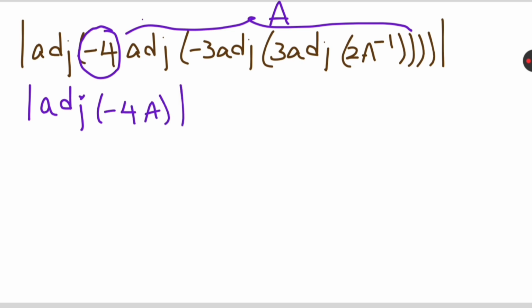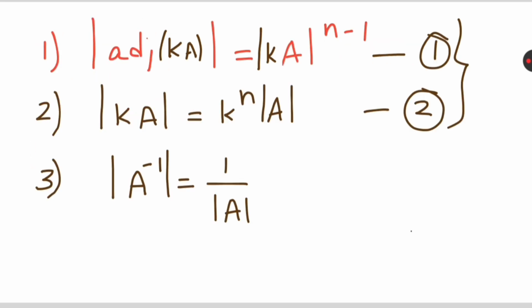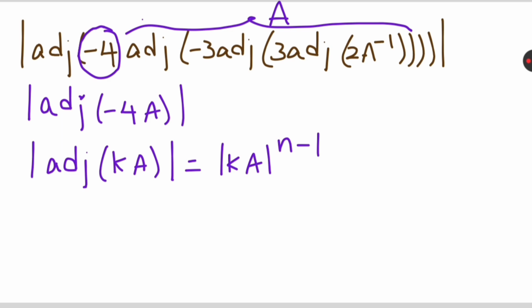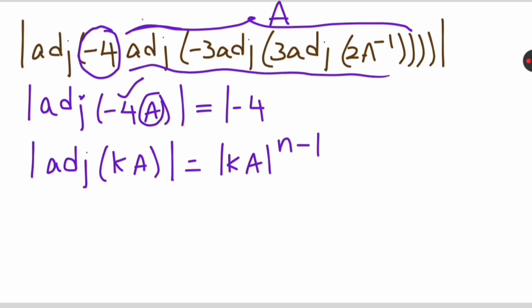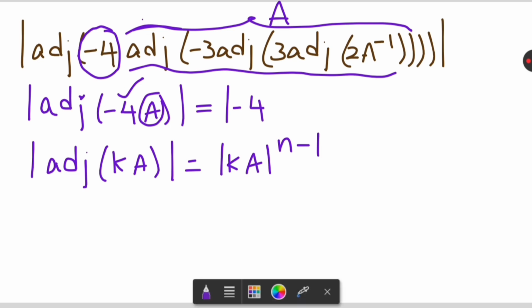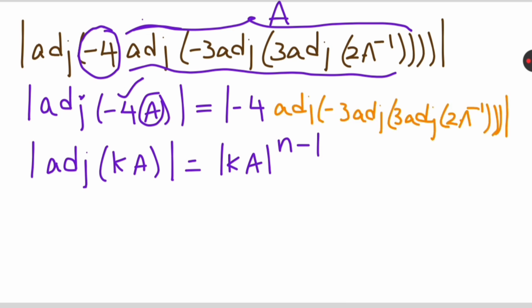It is the same as our first property, determinant of adjoint of kA equals determinant of kA whole raised to the power of n minus 1. So let's use this one. Here k is nothing but minus 4. So let's write this: determinant of minus 4 times A, where A is this whole expression, whole raised to the power of n minus 1.